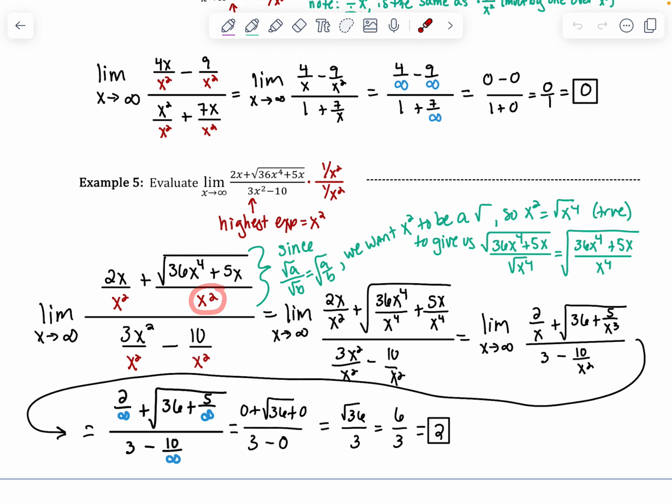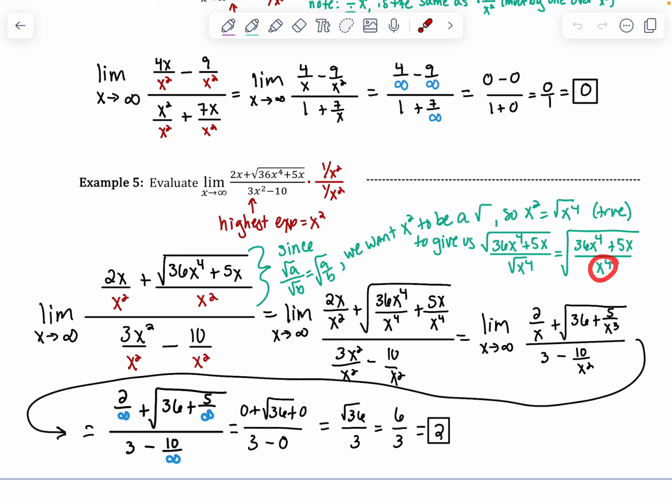So what happens is I need this x squared to be in a radical. Well, here's the interesting thing. x squared comes from the square root of x to the fourth. This is a true statement. So instead, if I had had x to the fourth in the denominator, because these are both radicals, then I could have an individual fraction.